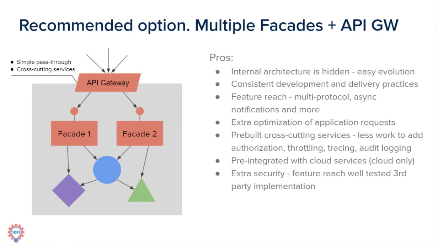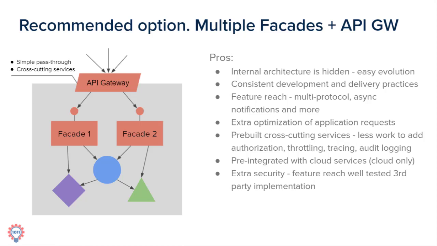This approach has the best combination of pros and cons. It will give you that layer of indirection that will protect your internal architecture and will allow easy evolution. You can use consistent development and delivery practices for your facades similar to your microservices.